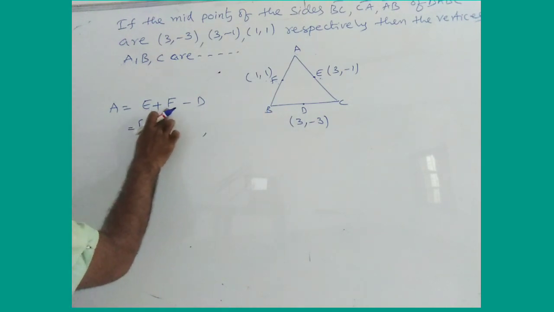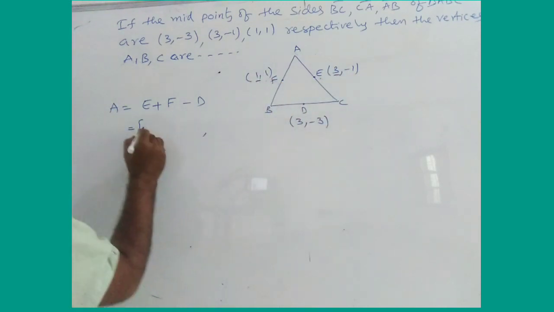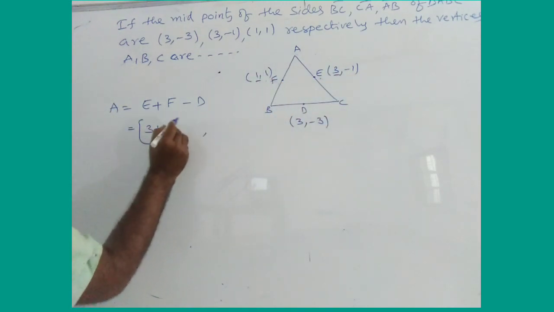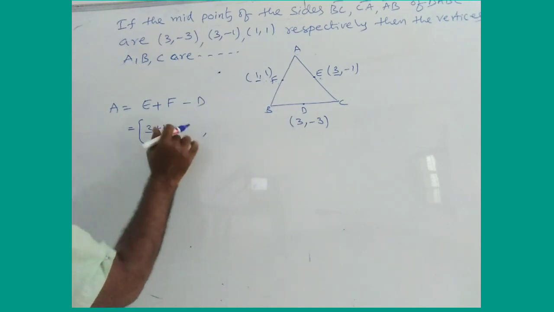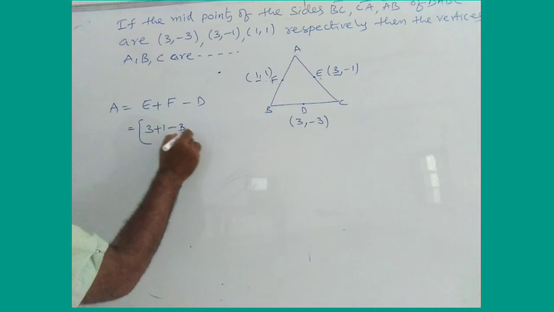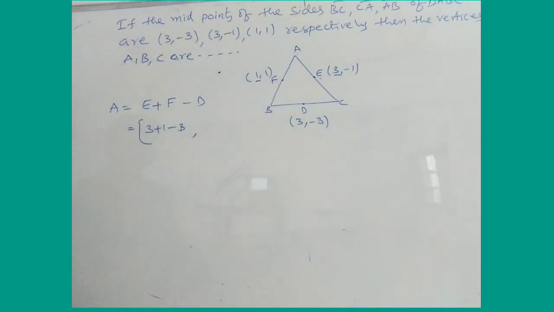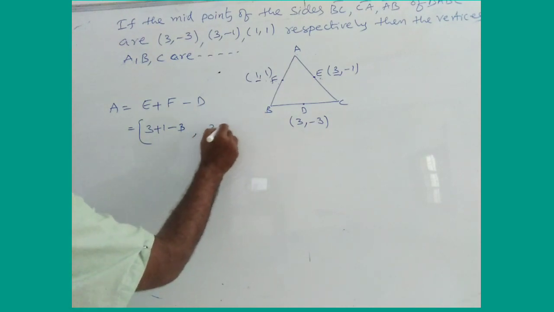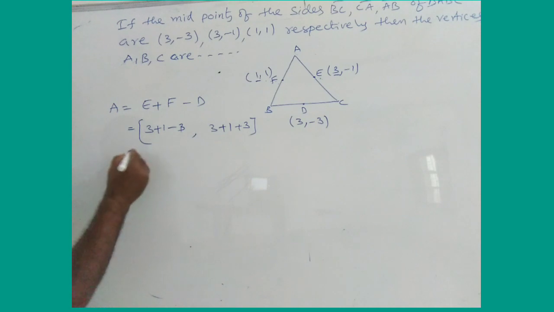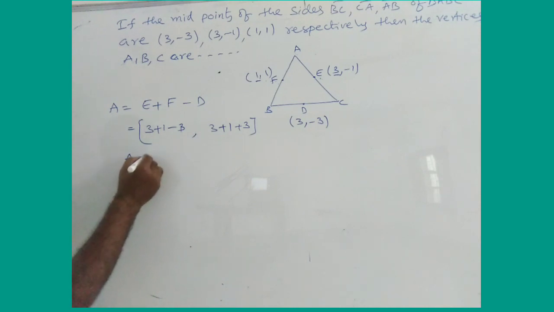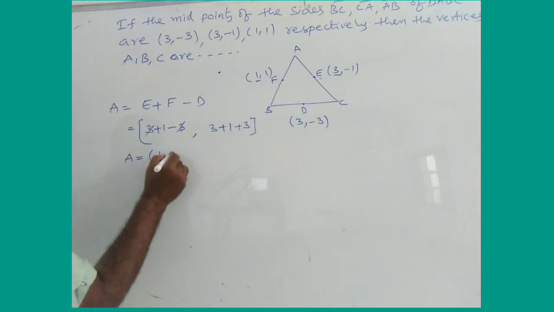First, E plus F, x coordinates 3 and 1. Let's add them and subtract the x coordinate of D, which is 3. Same rule is applicable for y coordinates. 3 plus 1 minus of -3 will be plus 3. So therefore coordinates of A are, anyhow these two cancel, 1, 7.